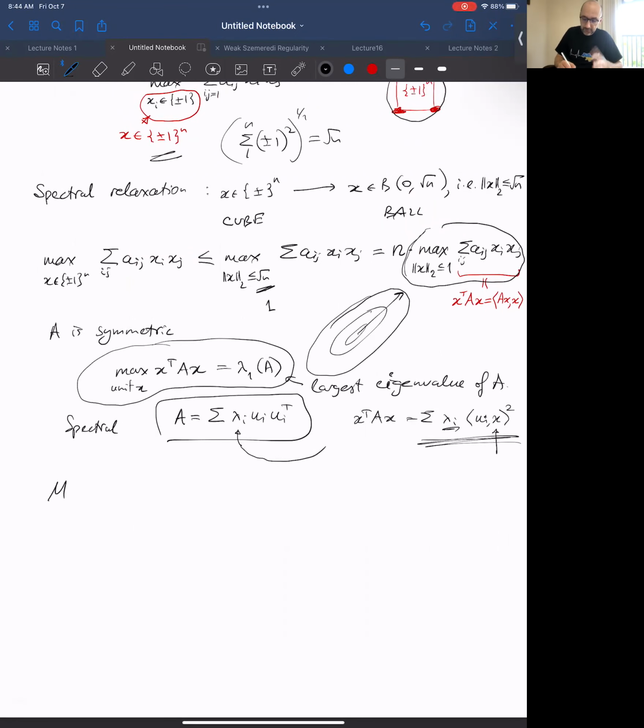So the moral of this story is that when we relax this problem this way, the solution becomes not trivial, but easy. It's just the largest eigenvalue. And the maximizer, the x that achieves the maximum, will be the corresponding eigenvector, the vector that corresponds to the largest eigenvalue.